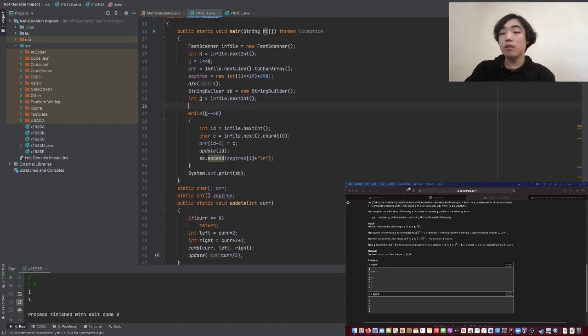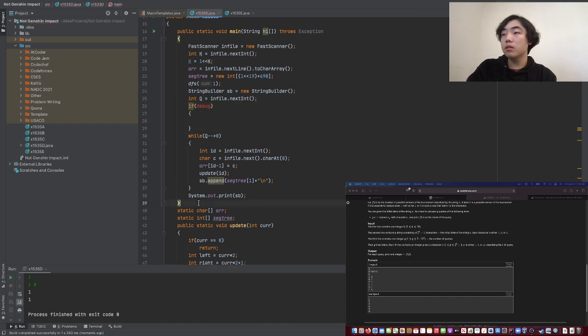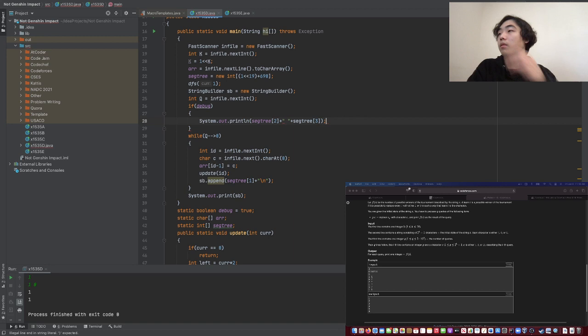Okay, well, let me print, if debug. What are these values? I think they should be 1 and 2, right? No, it's 1 and 1. Okay, that's broken. These are 6 and 7. 6 and 7 should both be 1.